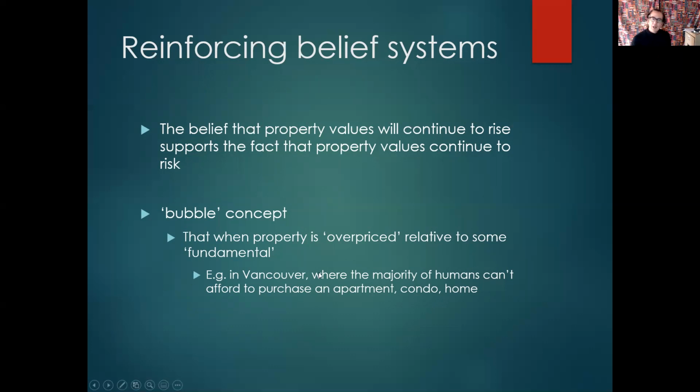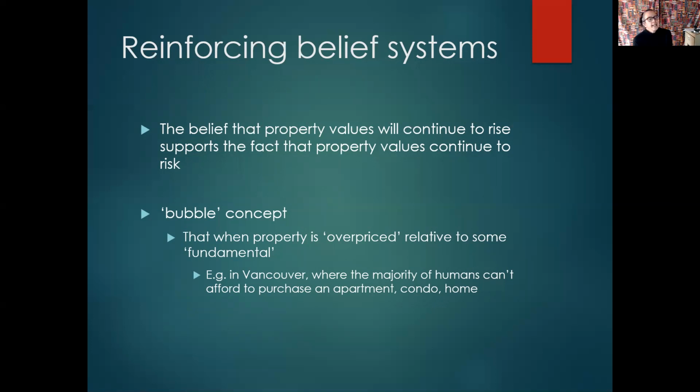Market fundamentals are sort of a tension between household income and affordability of property. So that's where an economist starts to talk about a property value bubble. And the one in the United States and in some places in Canada was pierced in 2008 when the financial markets crashed.